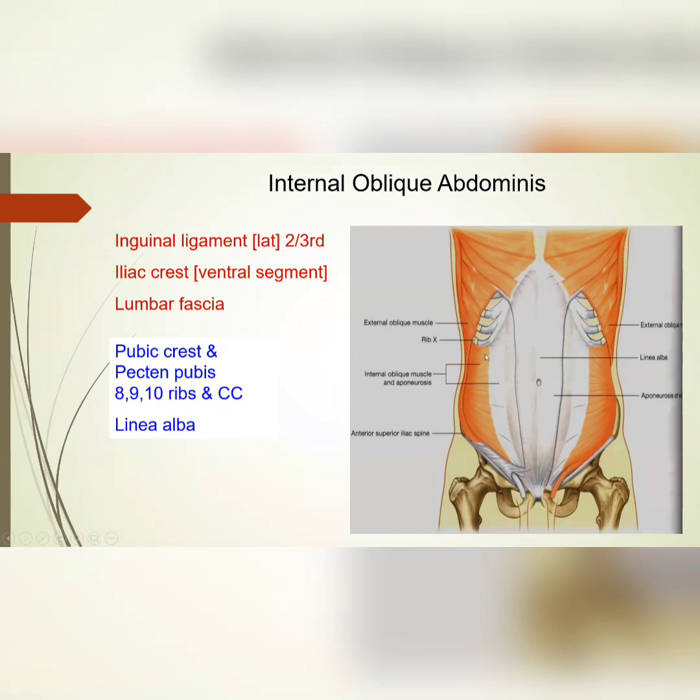But this is only to the 8 to 10 ribs and their corresponding costal cartilages. Please write down these attachments as a table. It will help you to remember it better. So the nerve supply of internal oblique abdominis is by the lower 6 intercostal nerves, the iliohypogastric and the ilioinguinal nerves.